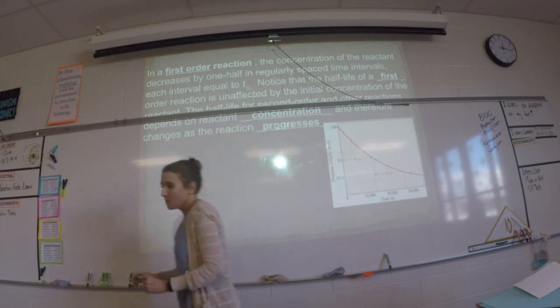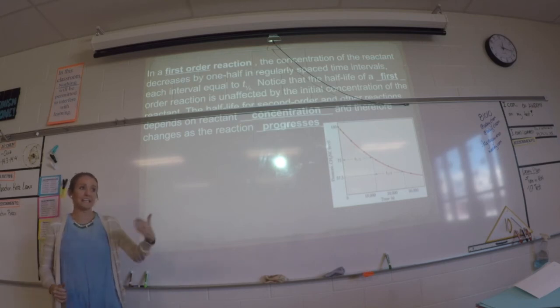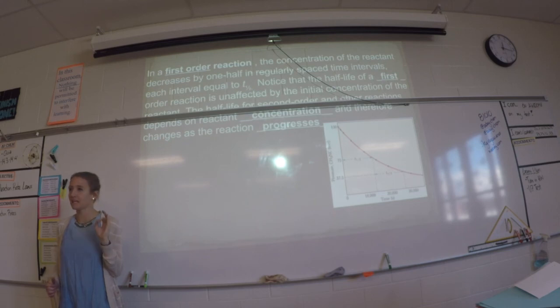For second order, they depend more on the concentration, so the speed will vary as the reaction progresses. So the half-life thing is particular to just first order reactions. Okay? What about zero order reactions? Zero order would also not have a constant half-life.